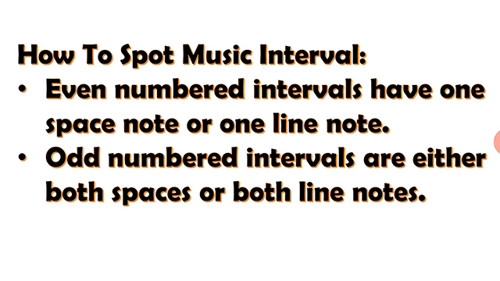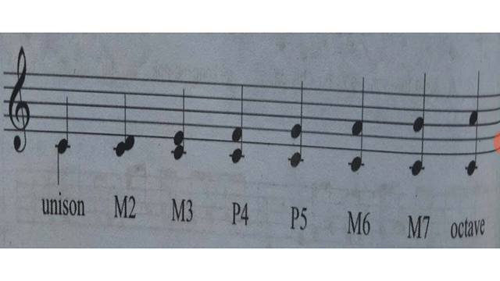Next is odd number intervals are either both space or both lines. So what are the odd numbers? Just like in 3, M3, both notes are on the line, the same on P5, both notes are on the line, and the same on M7, two notes are on the line.